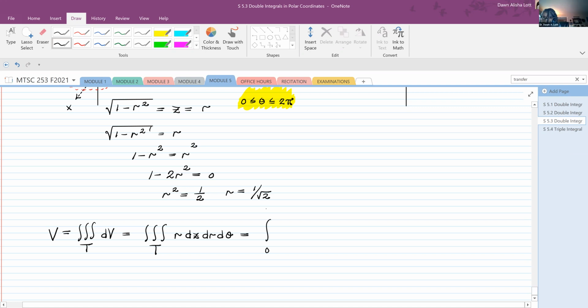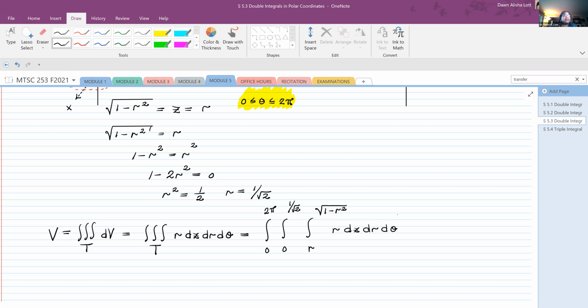Theta goes between 0 and 2 pi. R goes between 0 and 1 over the square root of 2. Z goes between r and the square root of 1 minus r squared. And then you end up with r dz dr d theta. Sorry.